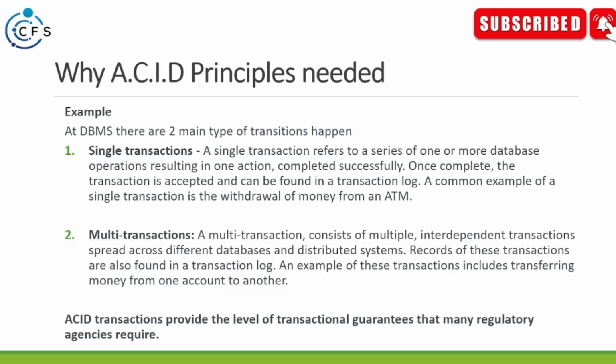So ACID principles give us a kind of surety. ACID transactions provide a level of transactional guarantee that many regulatory agencies require, because I need my data to be correct, with integrity and accuracy.